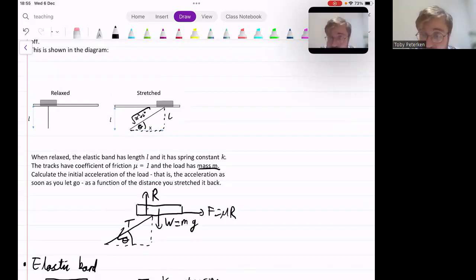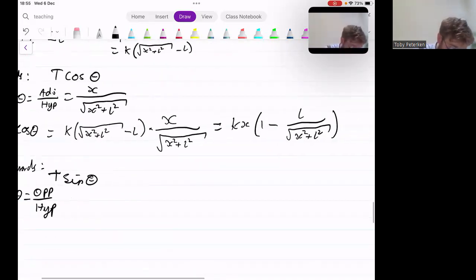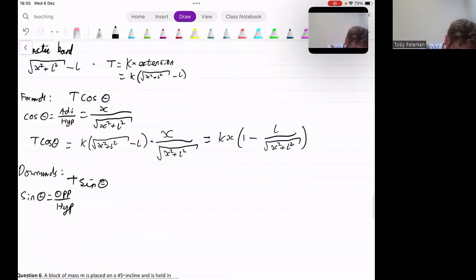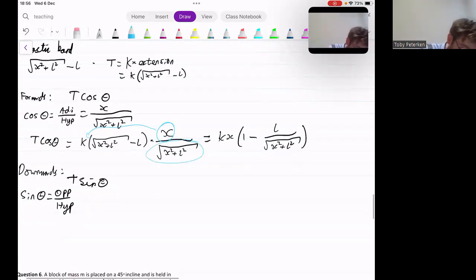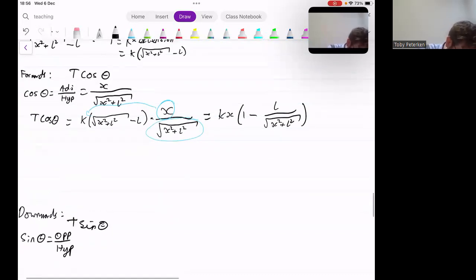So yeah, someone's just asked about the last step into kx. So to get from this last equal sign, I've taken this x and moved it to the front. I'll do a couple of steps so we can see it all. This is equal to kx times this.